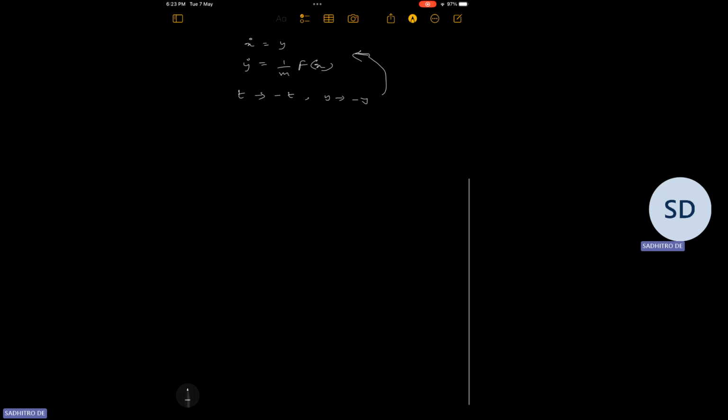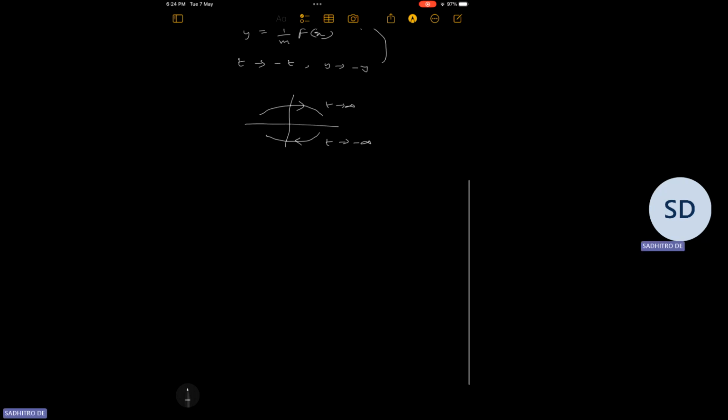For example, if you have a trajectory going forward in time like this, for t going to infinity, you would have a similar trajectory going backwards in time like this, which is a mirror image, symmetric about the x-axis. This is t going to minus infinity. And this is what underlies a reversible system.